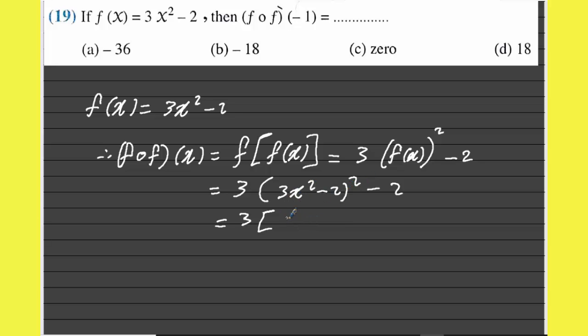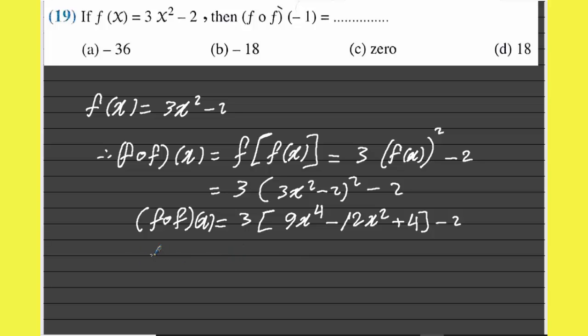That equals the first square, it is 9x power 4, minus first by second by 2, it is 12x square, plus 4, all minus 2. Okay, now here we have f circle f of x equals this value.